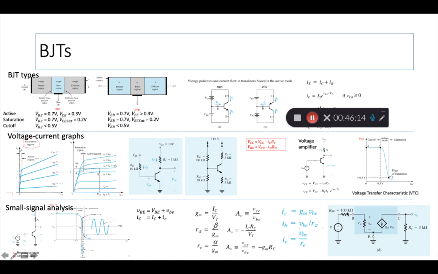So this voltage v_be is what gives you the value of this, and this v_be is depending obviously on this input, but because there's a base resistor, they are not exactly the same. If this didn't exist, then the two are the same. So v_be gives you the value of what the output current will be in the collector circuit, and to get that you have to first multiply it by g_m.